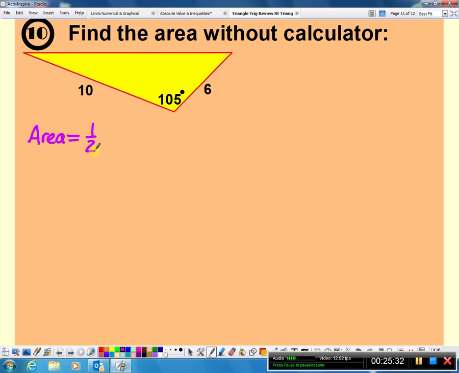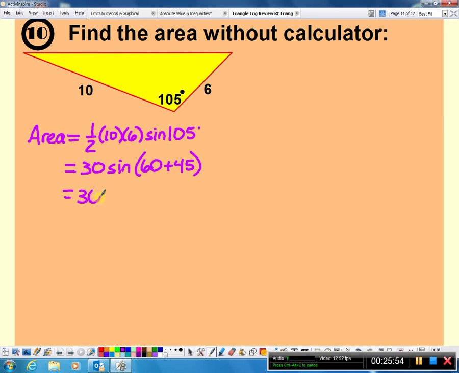All right, well, half of 10 is 5. 5 times 6 is 30. And to do sine of 105 without a calculator, let me break it into the sum formula, specifically, 60 plus 45. So I know that that's going to be sine 60 cosine 45 plus sine 45 cosine 60.